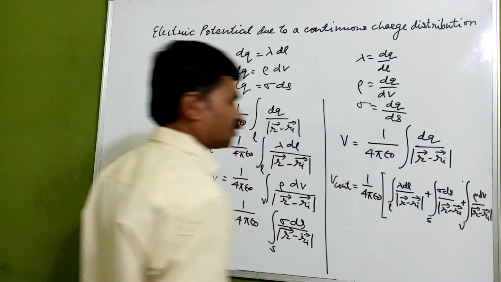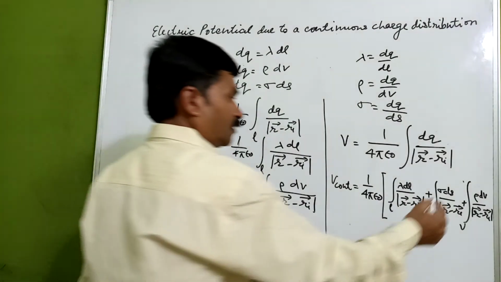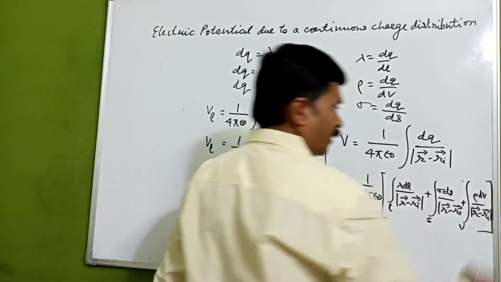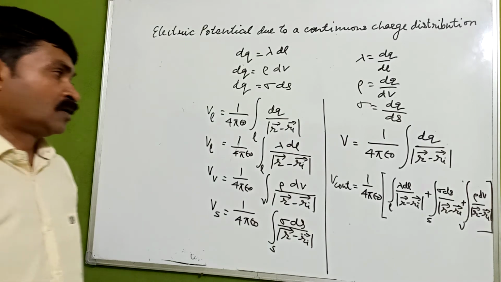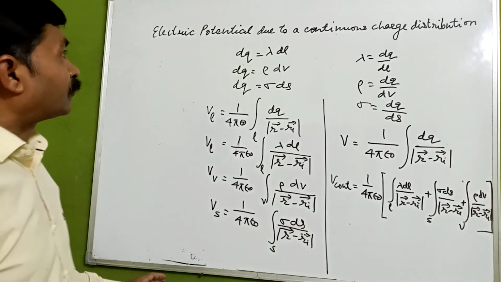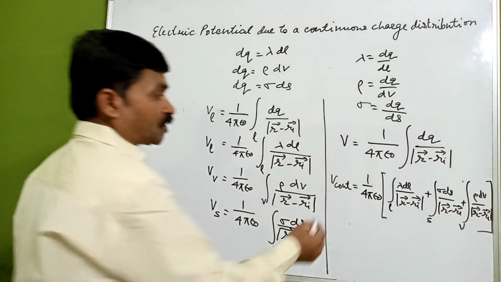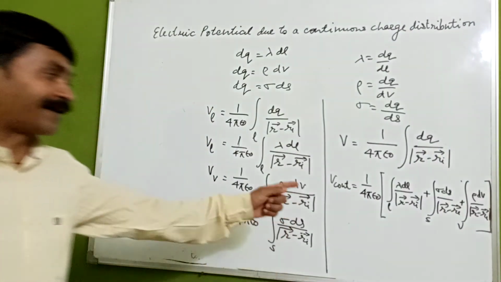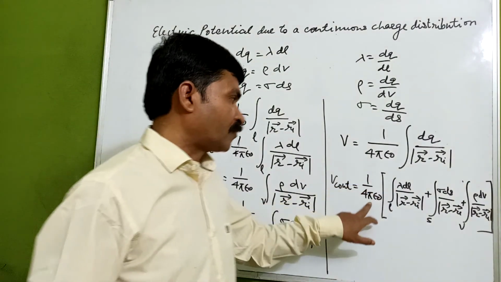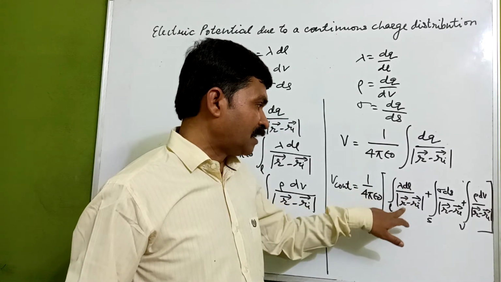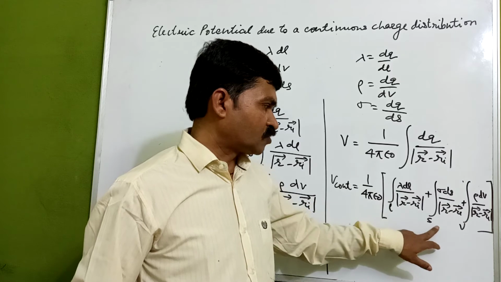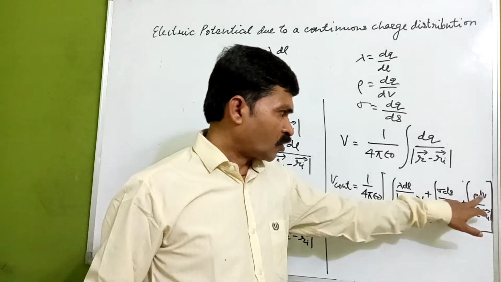This is the relationship we get for the electric potential because of the continuous charge distribution. So the electric potential due to a continuous charge distribution is 1 upon 4 pi epsilon naught, integral over the length lambda dl upon this, sigma ds over the surface, rho dv upon this.